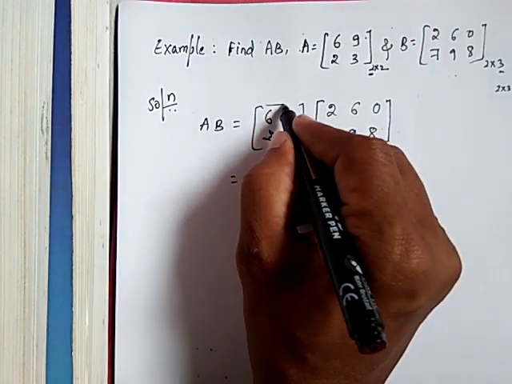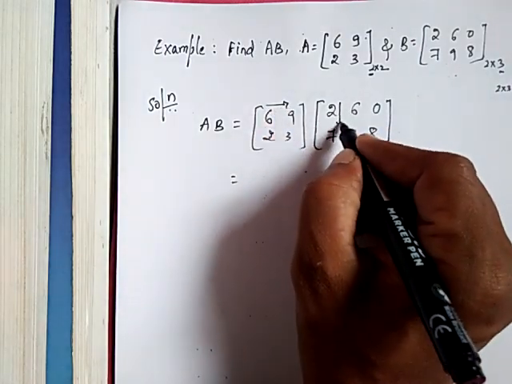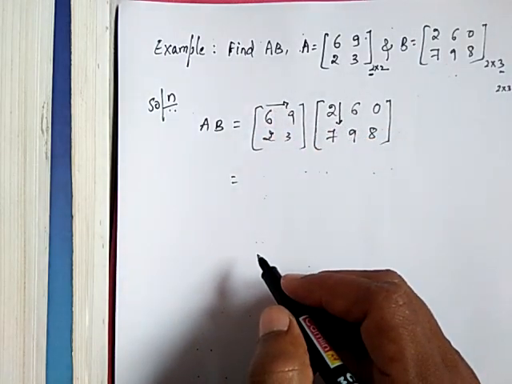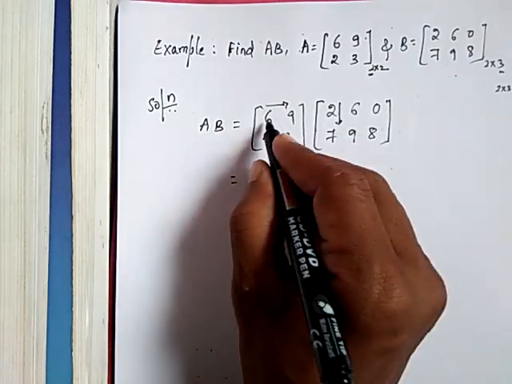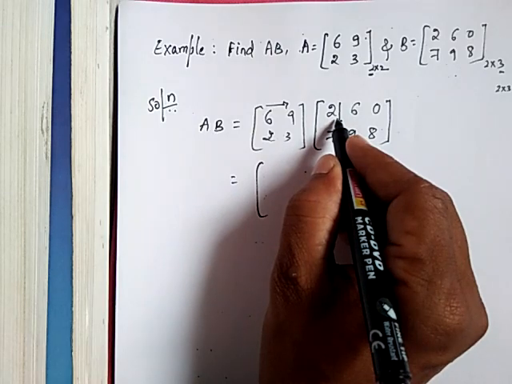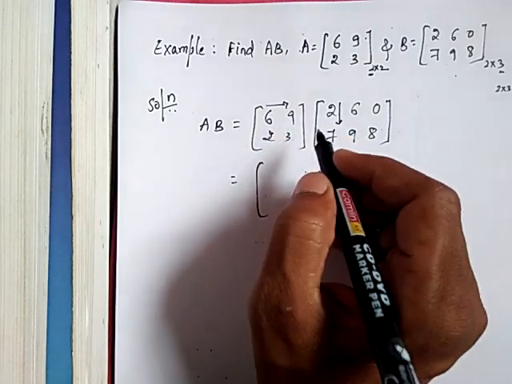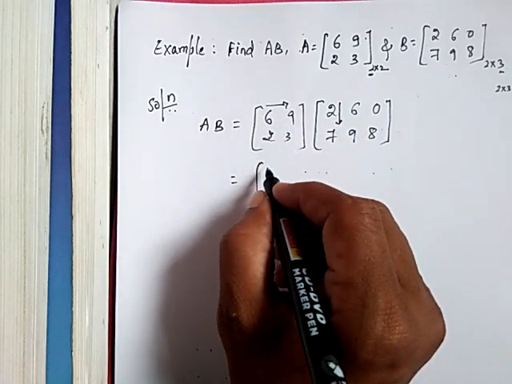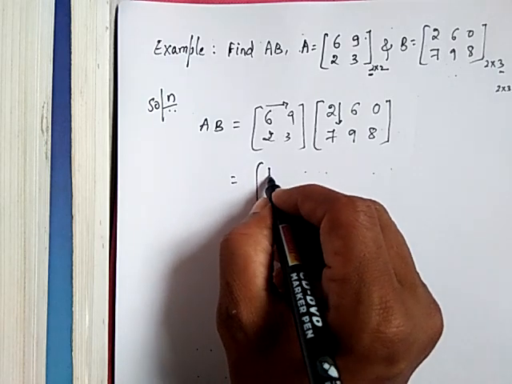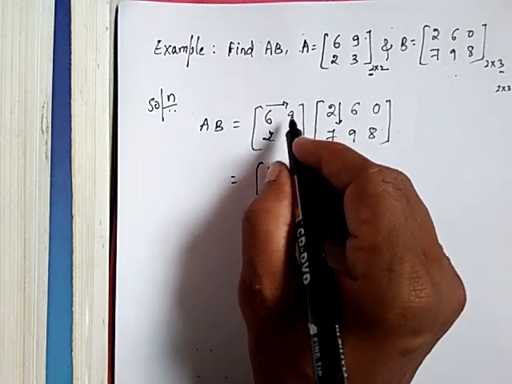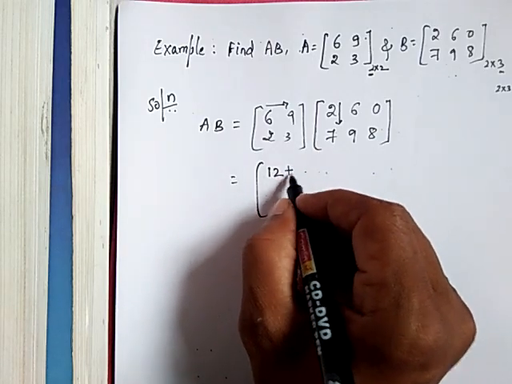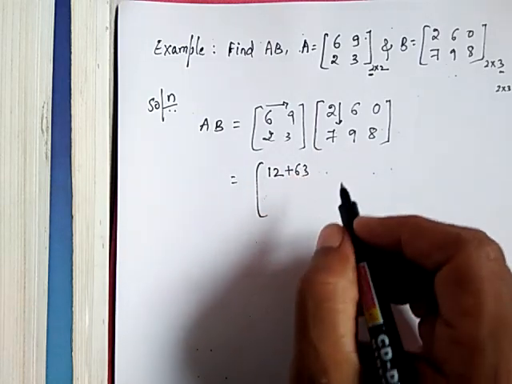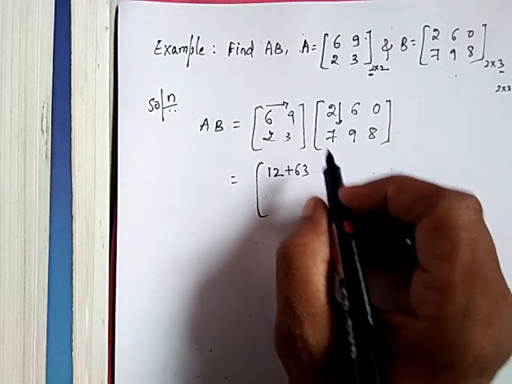Now this first row multiplies with this first column. So 6 into 2, 12. Next 9 into 7, 63. Okay.